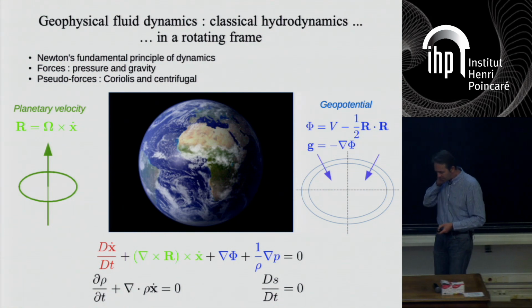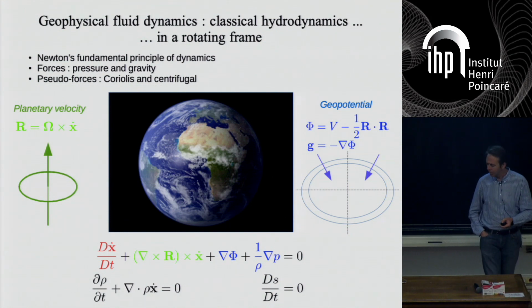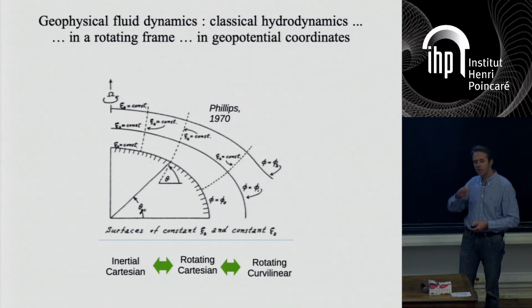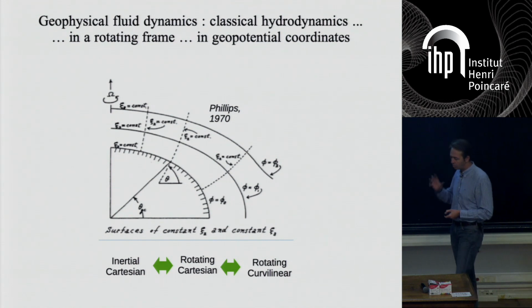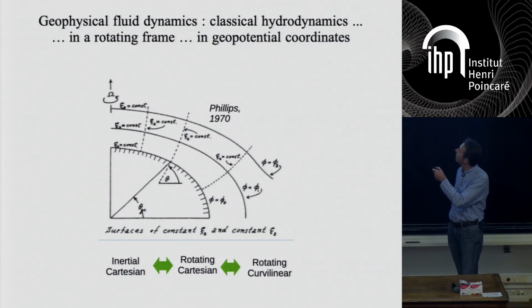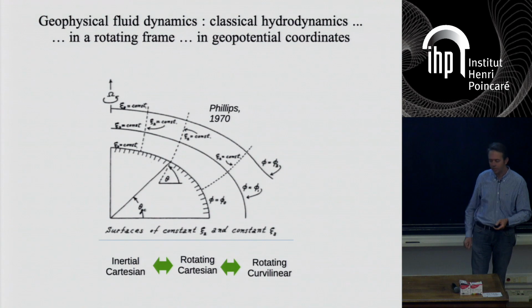I would say that at this point we are still not doing geophysical fluid dynamics, because we also need to accept the fact that the atmosphere and ocean are thin layers over a more or less spherical body. So people for a while have used coordinates that fit this body, and typically the third spatial coordinate will be vertical, defined as along the gradient of geopotential.